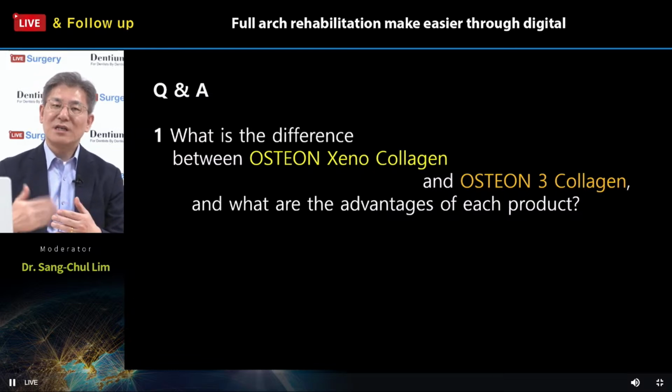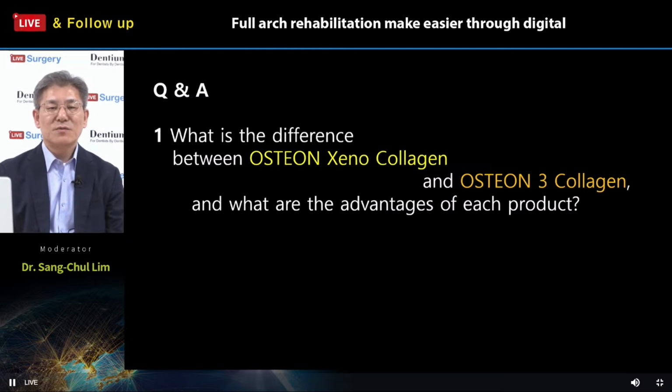So generally speaking, the xenograft performs better than the alloplastic, right? So this Osteon has good bone formative function, and this 8% collagen binder gives us easy molding, and it stays there.